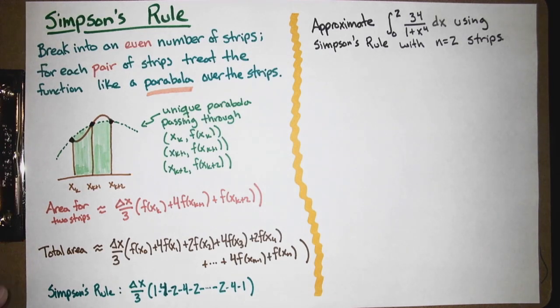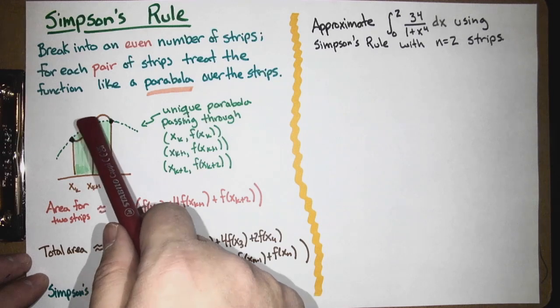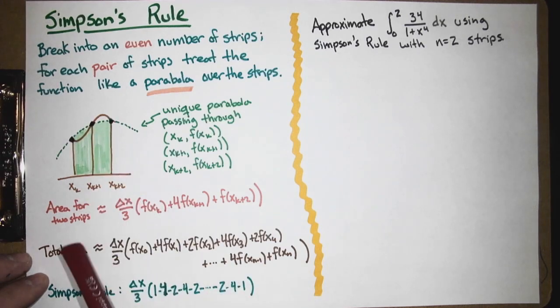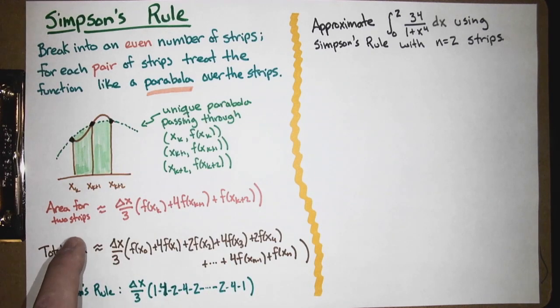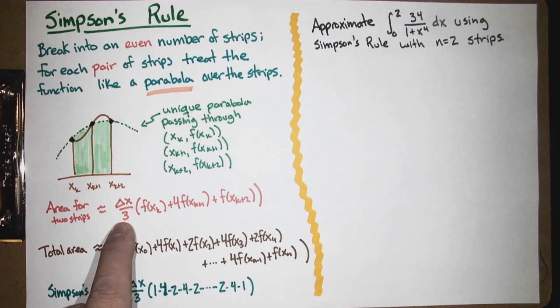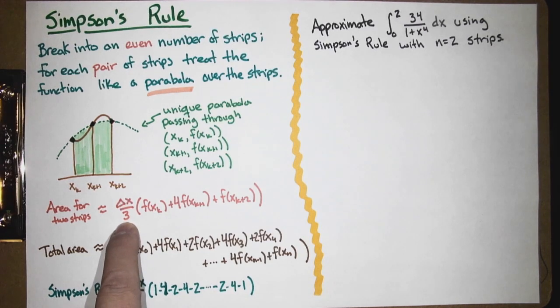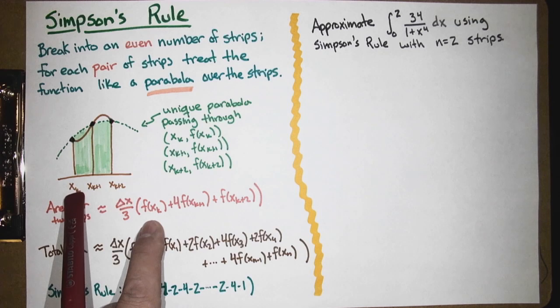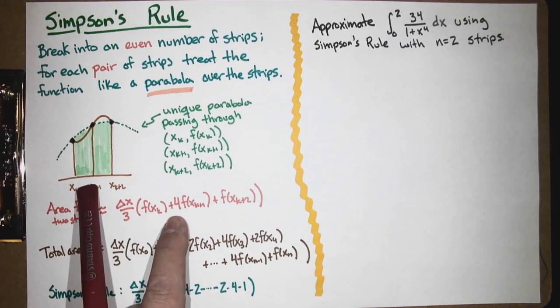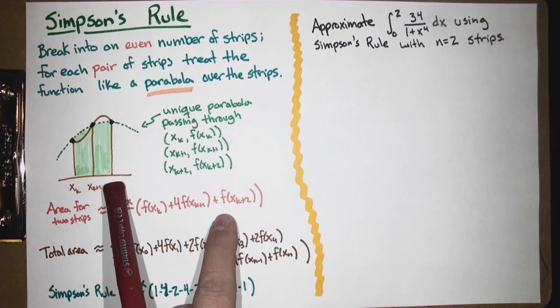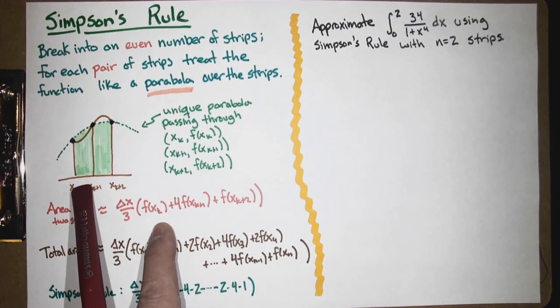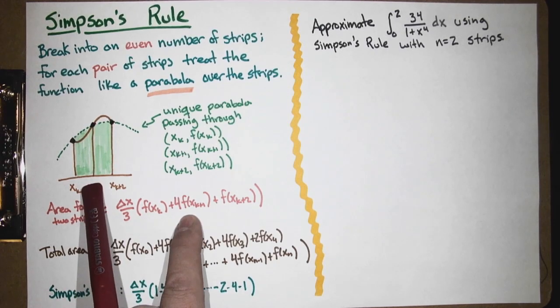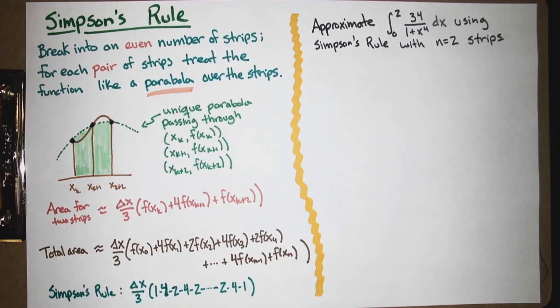But if we know these values, then we can show that the area for the 2 strips is 1/3 times delta x. And then we're going to say, what's the value on the left? Once on the left, 4 in the middle, once on the right.